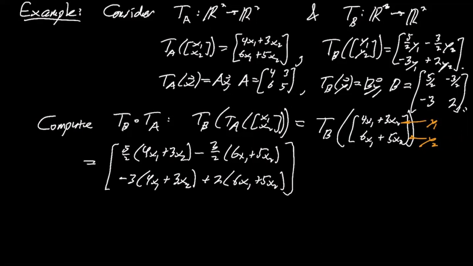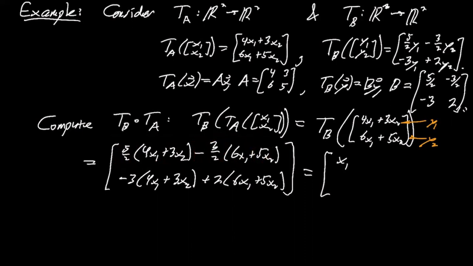You really should pause now and simplify this and tell me what you get. Here, for example, I see 5 halves times 4, 5 times 4 over 2 is 10x1, and then minus 18 over 2, which is 9x1. So there we just get an x1, and then we also have plus 15 halves x2, and then minus 15 halves x2. So x2 goes away.